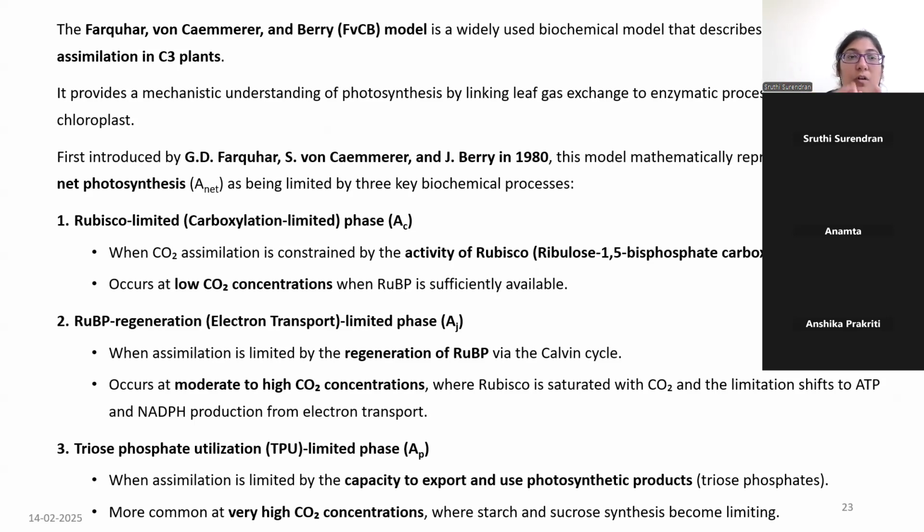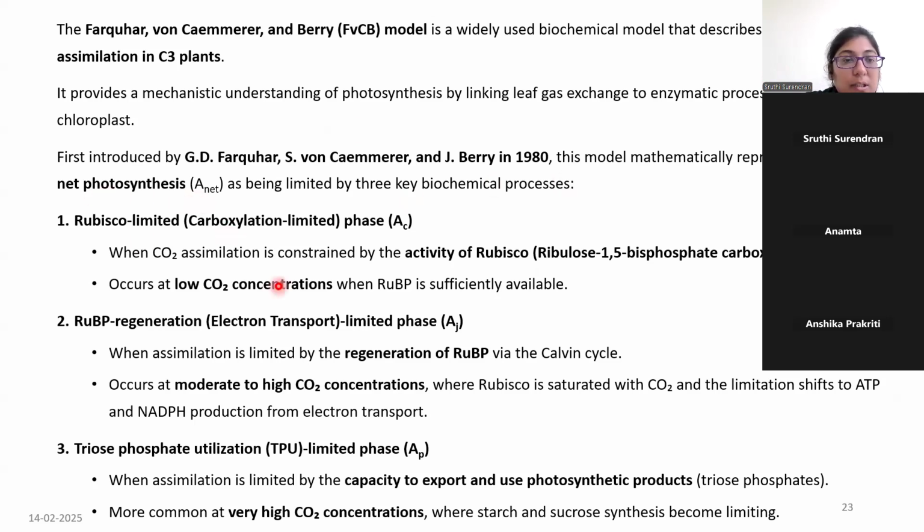They have developed a bunch of equations, and finally, if we solve them, we will get the net photosynthetic rate. This was introduced in 1980.